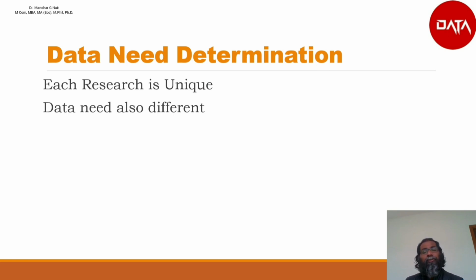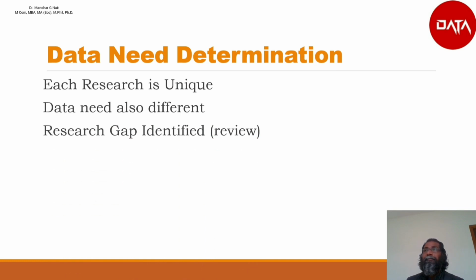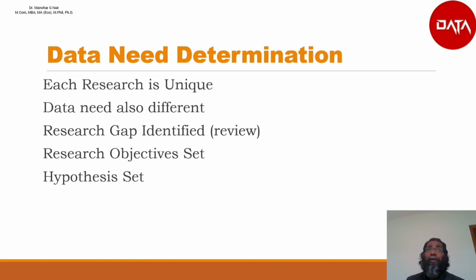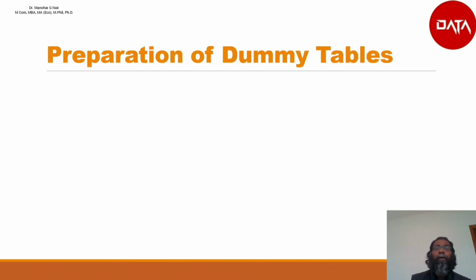The researcher must have a clear idea about what type of data he needs, because the data would be different for different studies, since the research gap identified would be different, and the research objectives set for each research are different, and the data that we are going to collect must satisfy our research objectives as well as the research hypothesis.